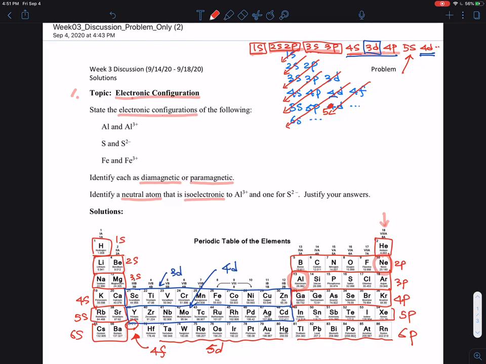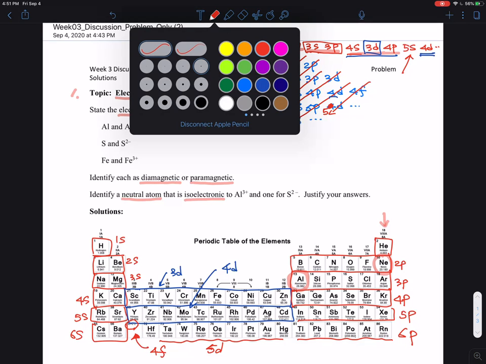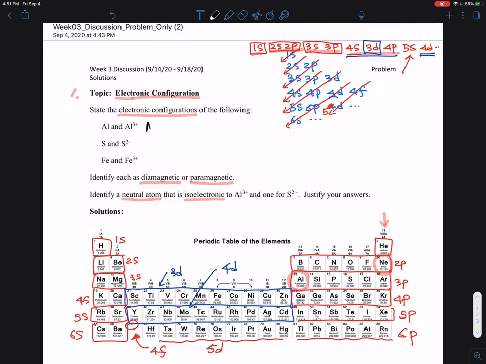That is essentially the same number as neon, and then you have 3 more electrons, two from the 3s, and then you have one electron in 3p. So that's how I can write it.